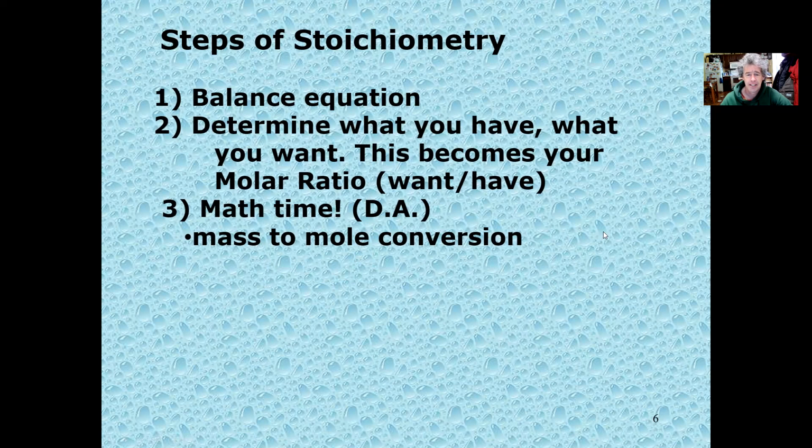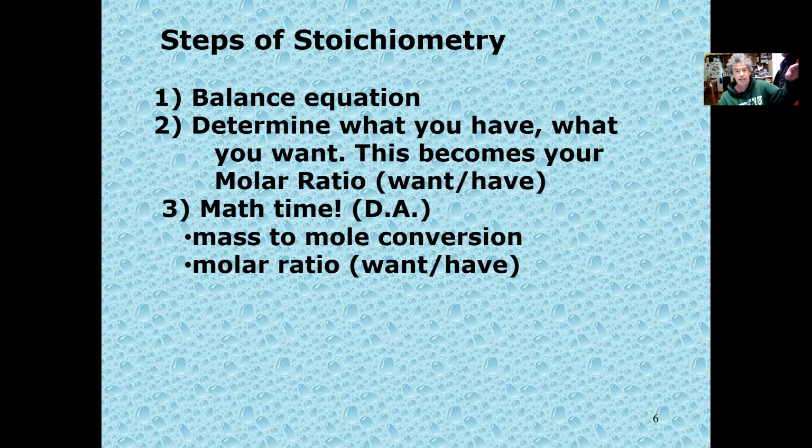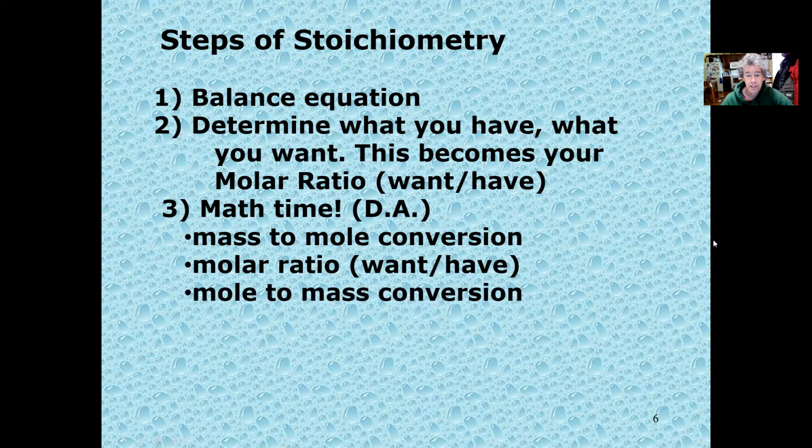And then since the chemical reaction is in moles, you then do a mole ratio or mole conversion, where you're converting from your have to your want with this mole ratio, which is actually 1/2, since the halves will cancel out and leave you with the want. And then once you have the number of moles of whatever you're looking for, you often will need to convert that back to grams. So you'll have a mole to mass conversion.